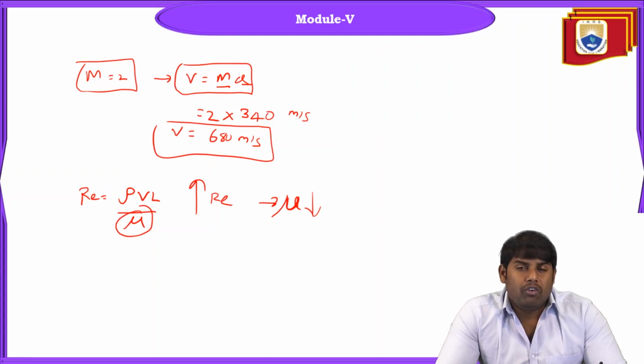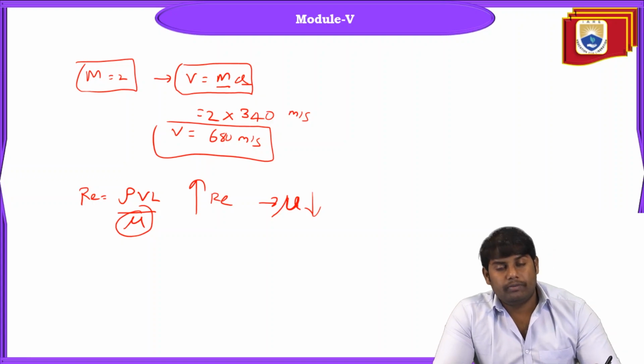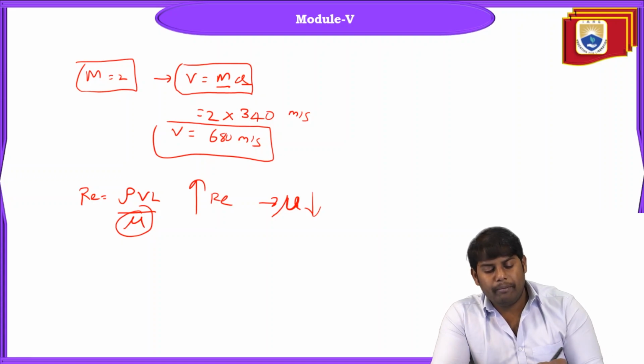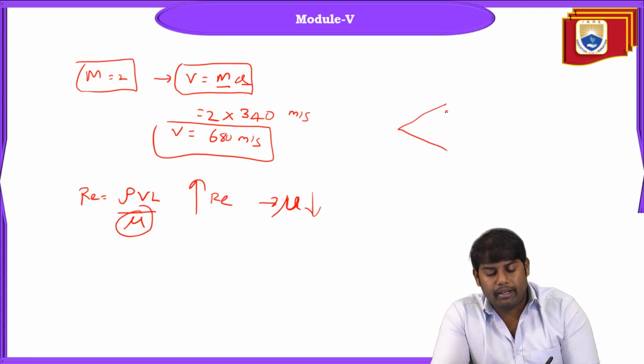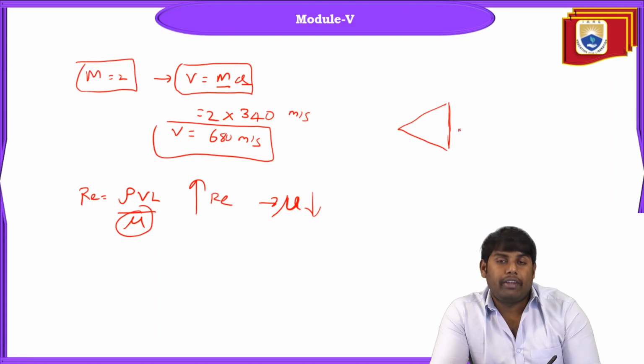Okay, so one of the advantages in CFD is the domain size. Let's say you have a basic example, a triangle, like delta winglets.